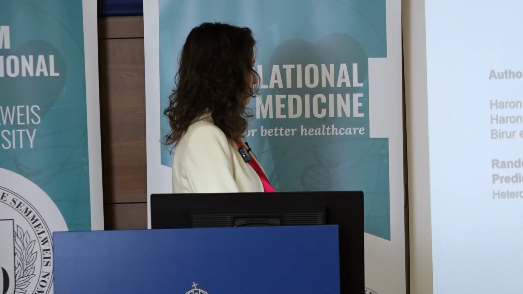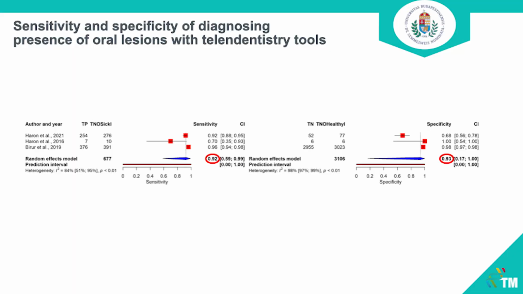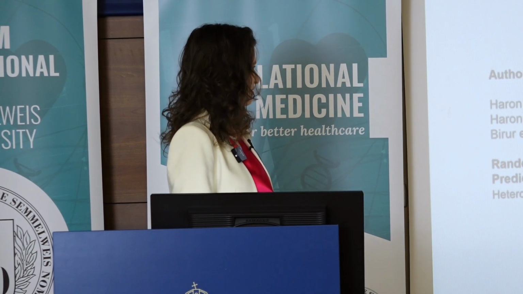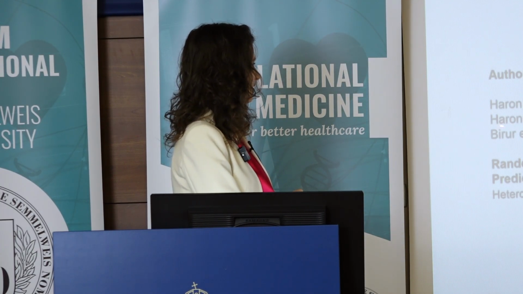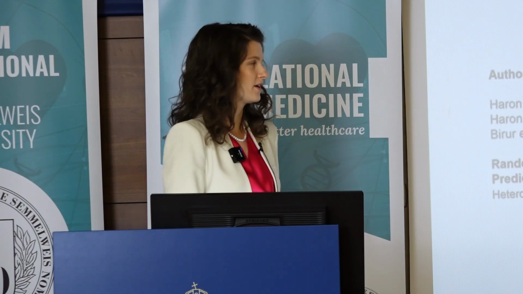The Birur study was conducted, for example, in a factory where they were screening every worker there. So we can say that this was some kind of population, and Haron also made an evaluation of, let's say, suspected oral lesions. However, in these 3 studies, there were some people who did not have any oral lesion.